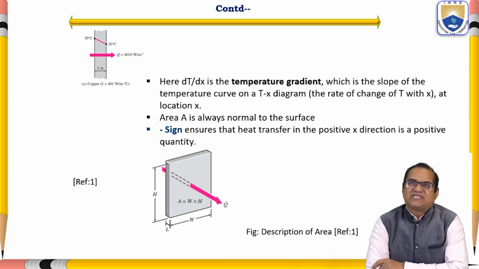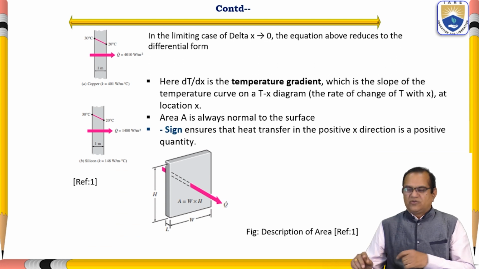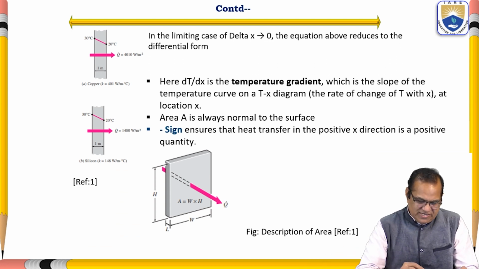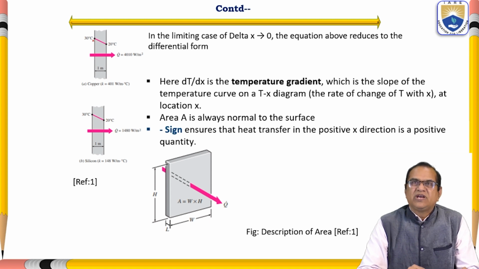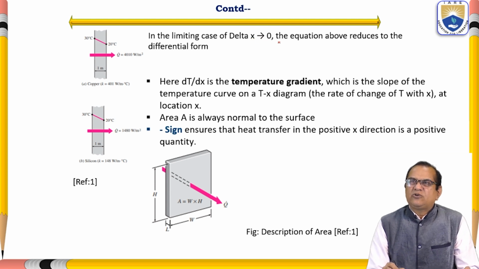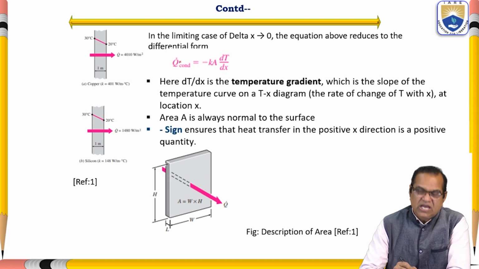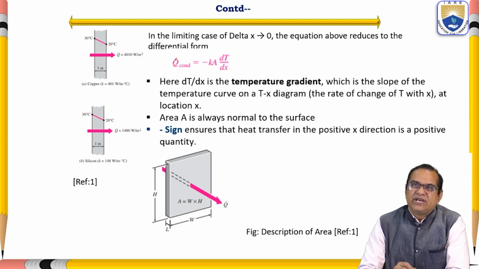Now we will see here again. In this limiting case, if delta X tends to 0, the equation reduces to the differential form. So the same equation we can write: Q dot of conduction is equal to minus KA dT by dX.